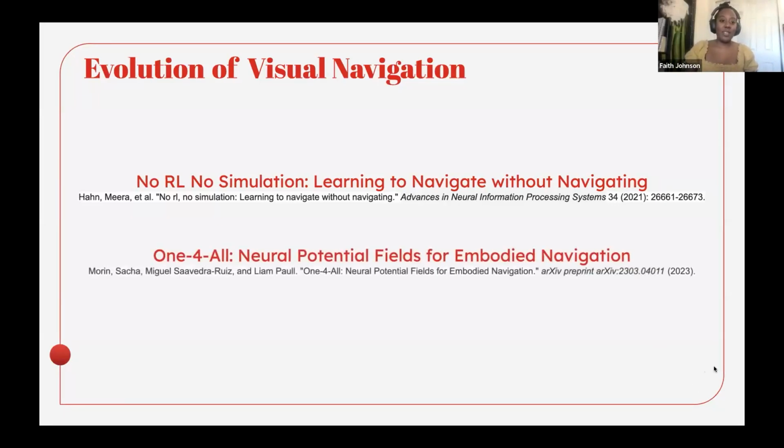And then another work called One for All, which throws out the idea of needing to plan over a graph altogether. What they're doing is basically making a 2D latent space, which is just like a 2D map, right? Where each XY coordinate in this learned latent space maps to a real world XY coordinate and tells you how useful being at that location is for solving whatever task you want to achieve.